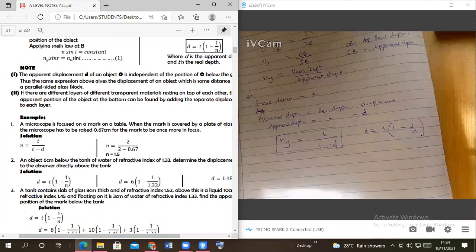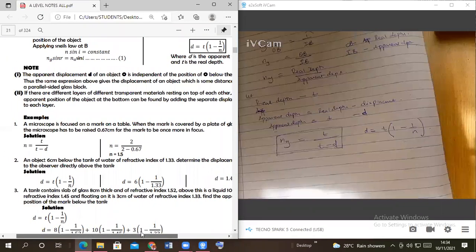Thus, the same expression above gives the displacement of an object which is some distance in air below the parallel-sided glass block. They are saying that this apparent displacement does not depend on the position of the object, or does not depend on the real depth.